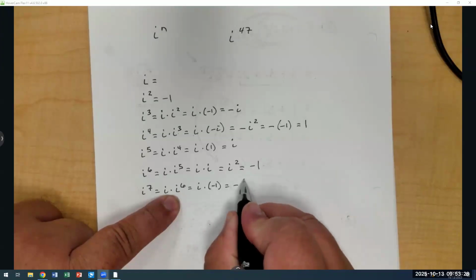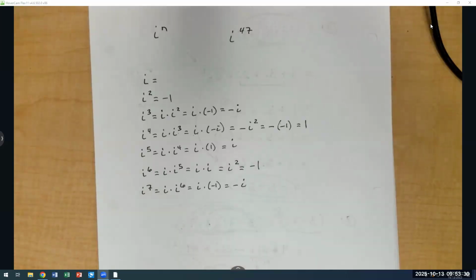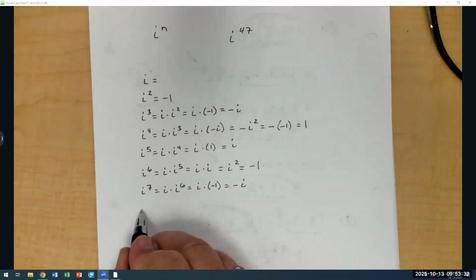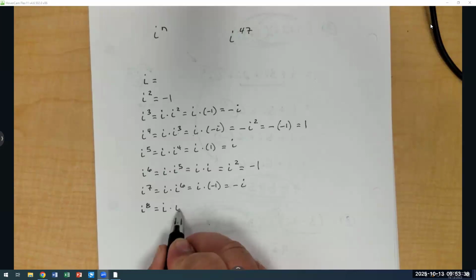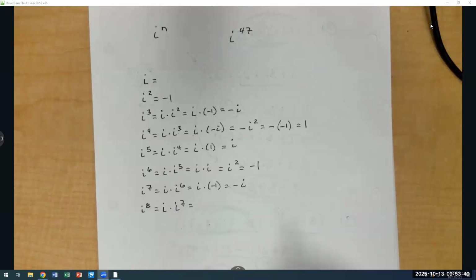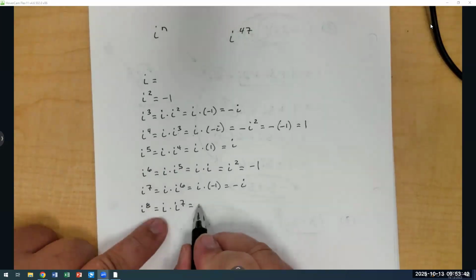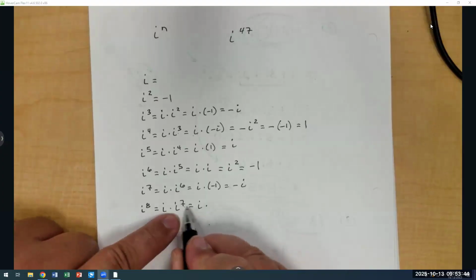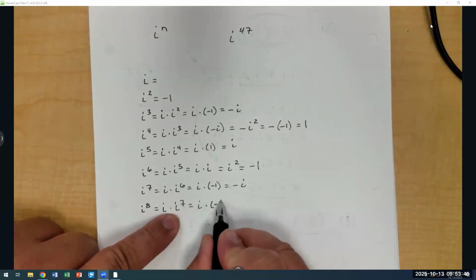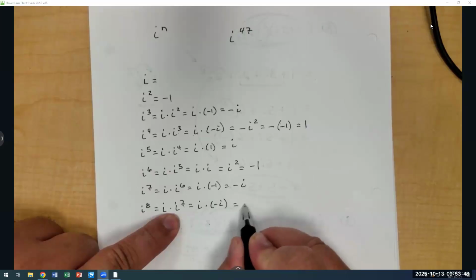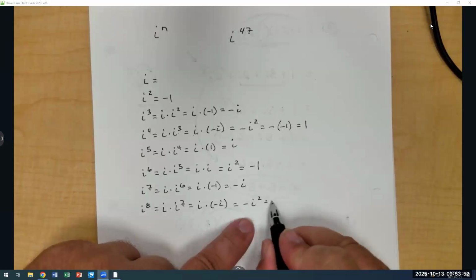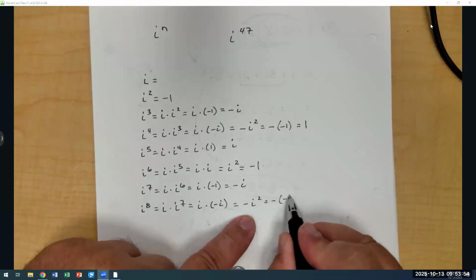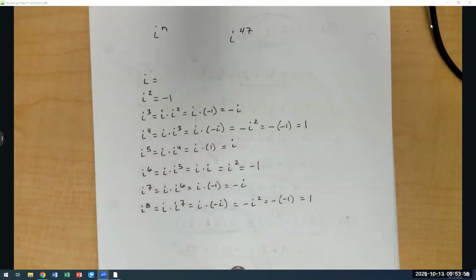So it's -i. One more. i to the 8th is i times i to the 7th. i is i. i to the 7th is -i. That gives us -i squared. i squared is -1, so that gives us 1.